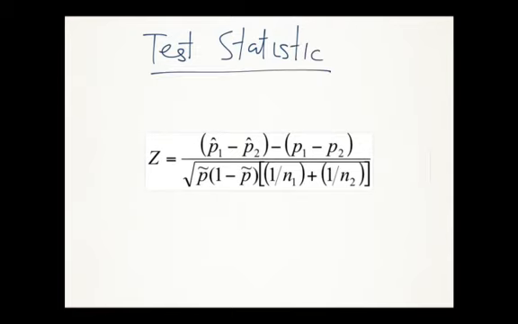Okay, so we took our estimates minus the hypothesized value divided by the standard deviation, and that gives us a z standard normal, which we can then compare to the standard normal distribution to get a p-value. Okay, so now we can go through the 7 steps of hypothesis testing.